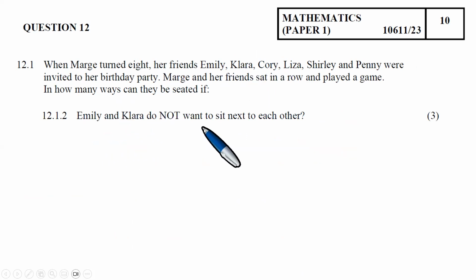Emily and Clara do not want to sit next to each other. All right, so let's look at this one here. I need to start again. How many? Okay, 1, 2, 3, 4, 5, 6, 7.